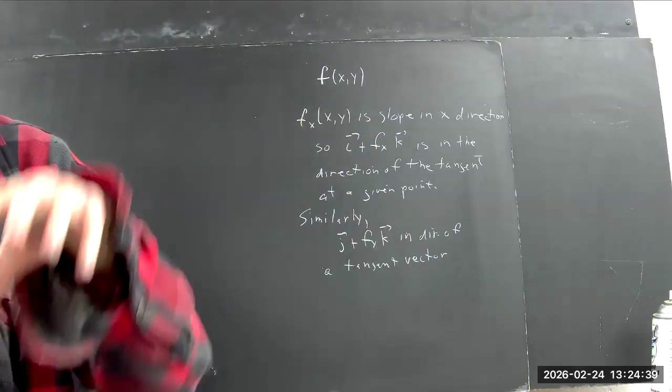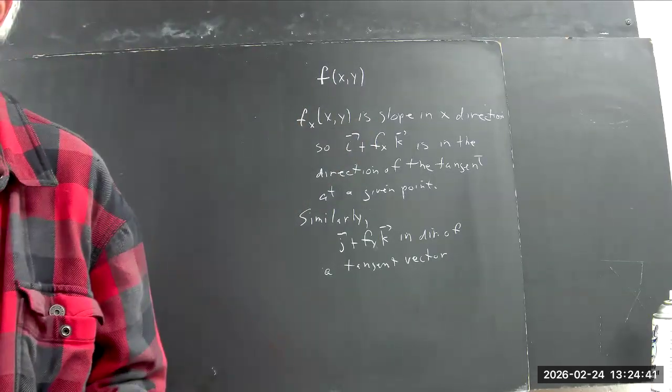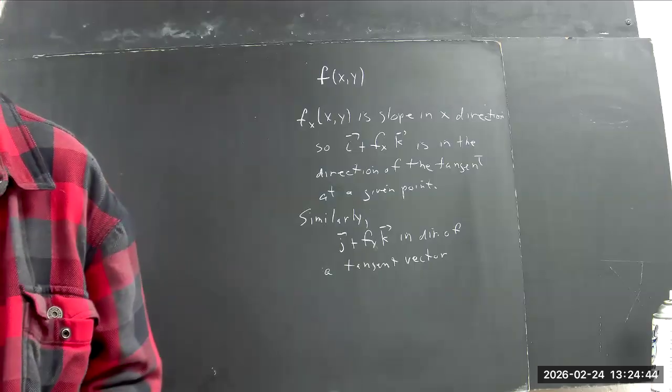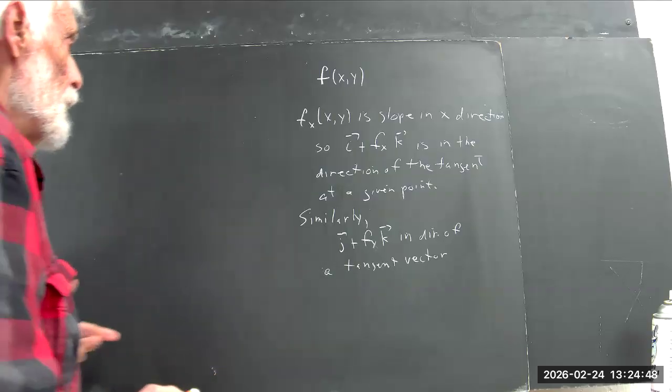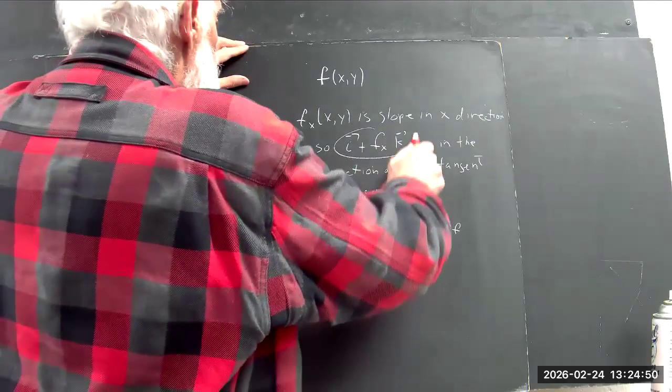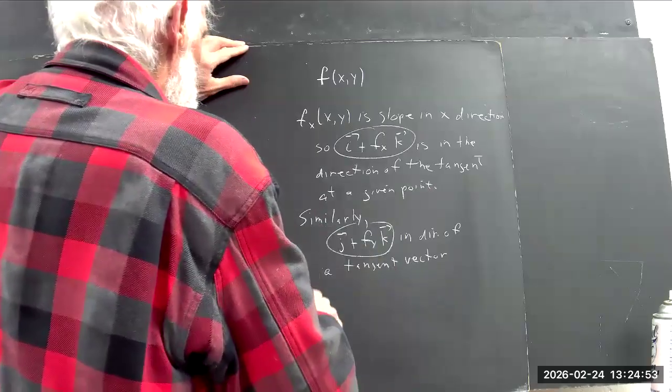And you can look at how that's stated very explicitly in your textbook with all the conditions and everything. Okay. That's the idea. You've got this vector and this vector.